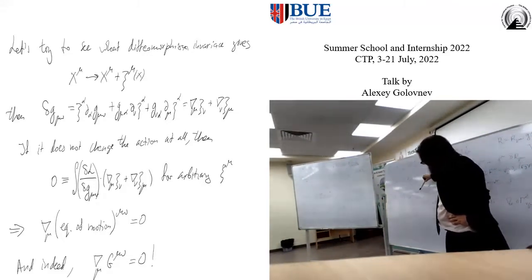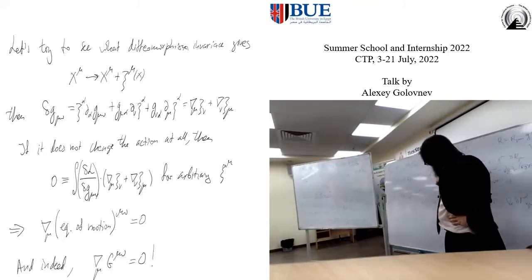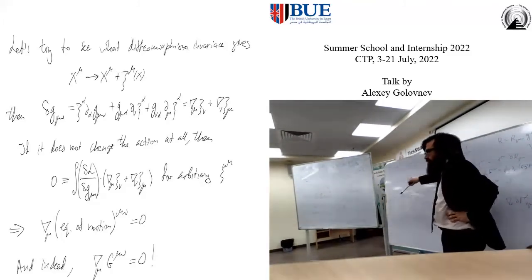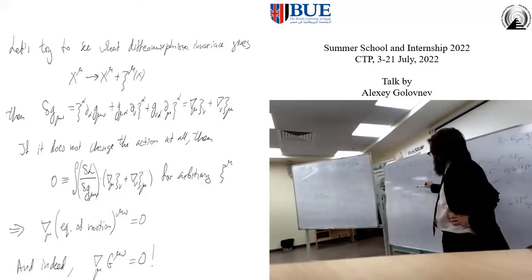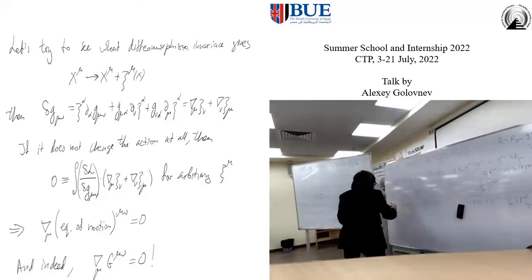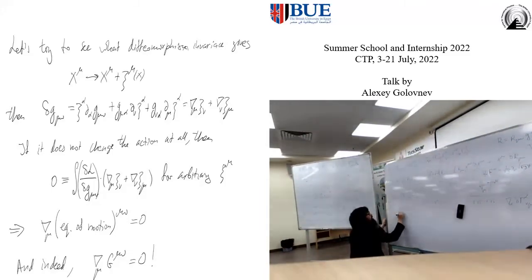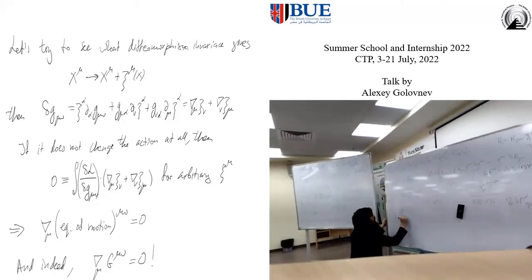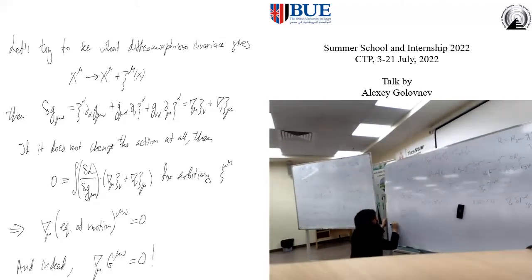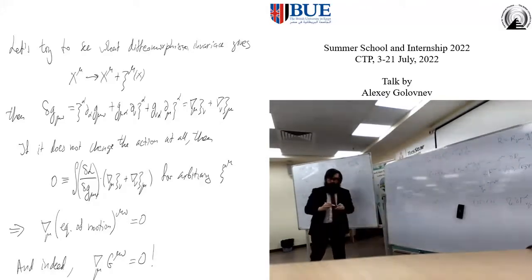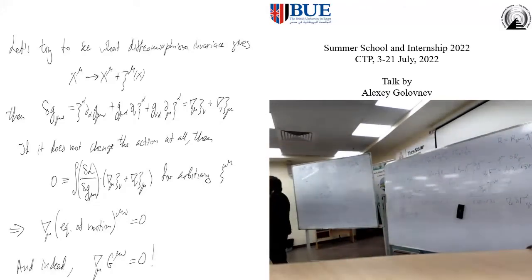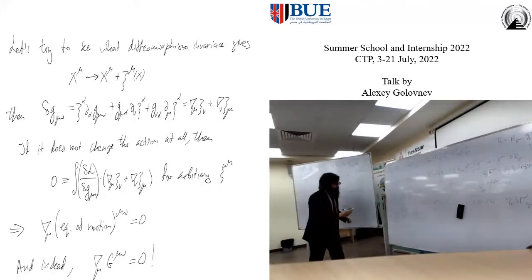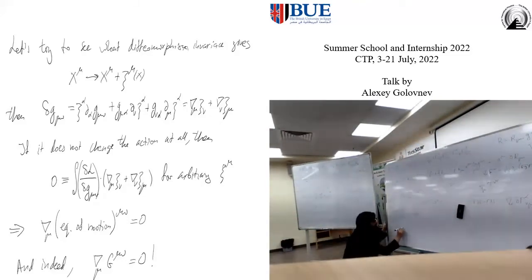Or more precisely, covariant divergence with respect to the first index plus covariant divergence with respect to the second index is 0. But this is symmetrical. So basically what I get is that the covariant divergence of the equations of motion is identically 0 without using the equations of motion. And that's precisely the statement that the covariant divergence of the Einstein tensor is 0.